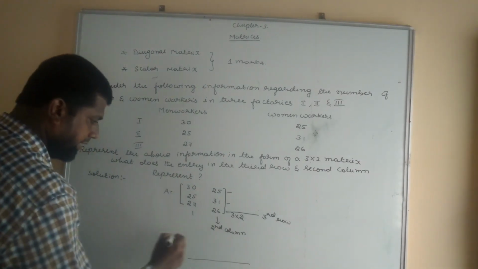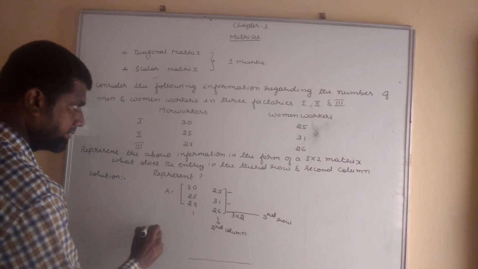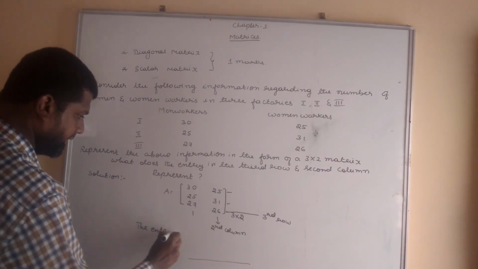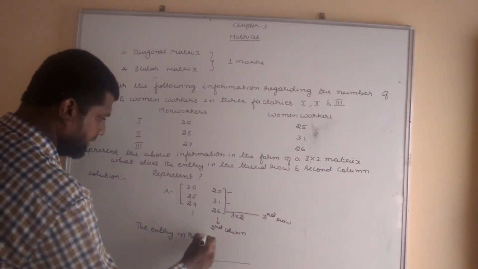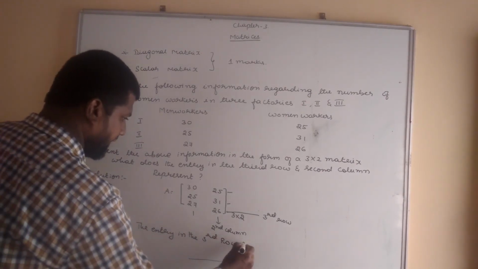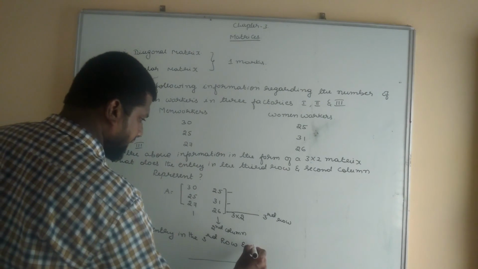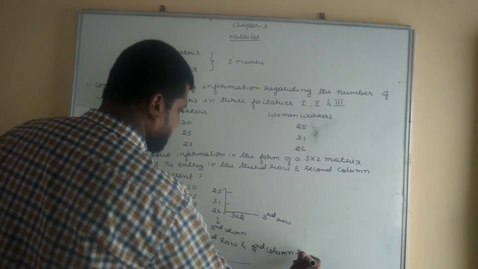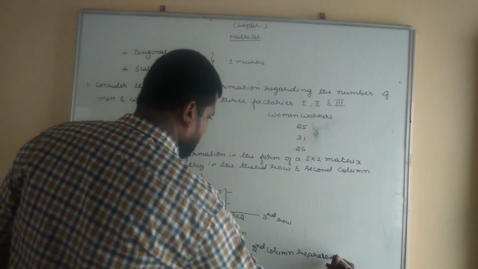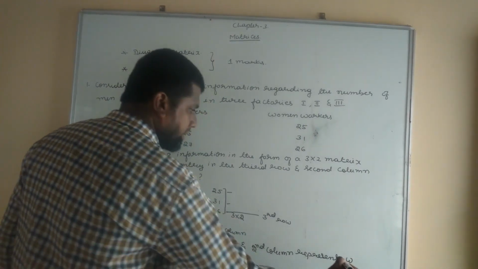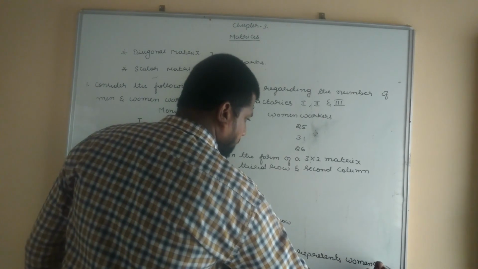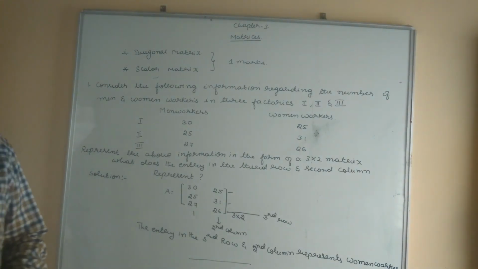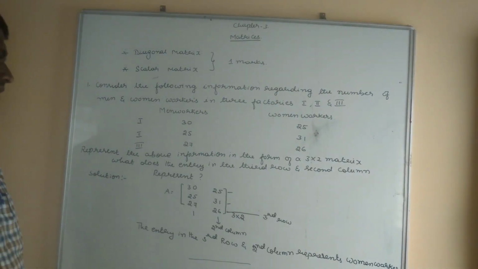Third row means this is the third row, and the second column. That is, the entry in the third row and second column represents woman worker. So this is the first problem.